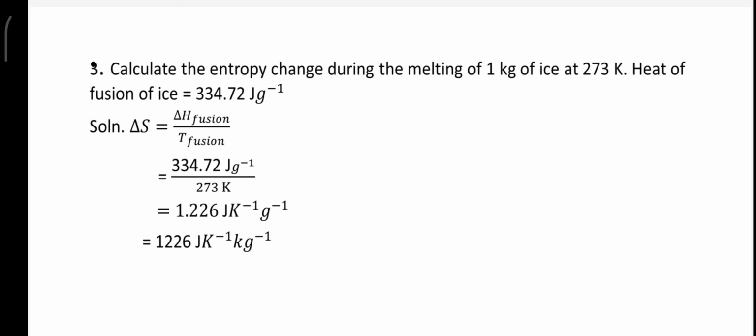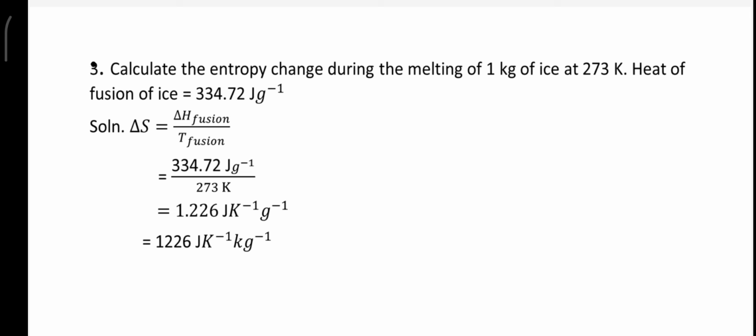Another important example is related to the fusion process. When you take 1 kg of ice and it melts at 273 Kelvin, the heat of fusion during this process is 334.72 joules per gram. When you substitute this value, you get the entropy change, given by delta H fusion by T fusion, the temperature of fusion.